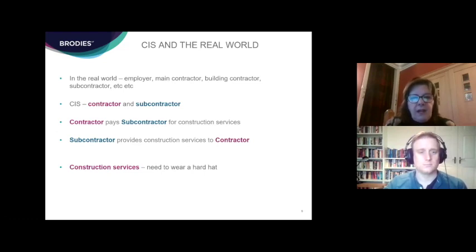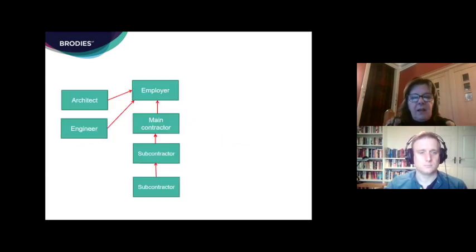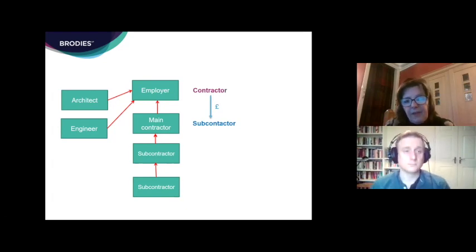And if we look at the next slide, you can see a normal supply chain that we'd all recognize with employers, main contractors, subcontractors, and architects and engineers over at the side who are not caught by the CIS at all. But looking at it from the CIS point of view, the employer in this chain is actually a contractor, and the main contractor is a subcontractor.